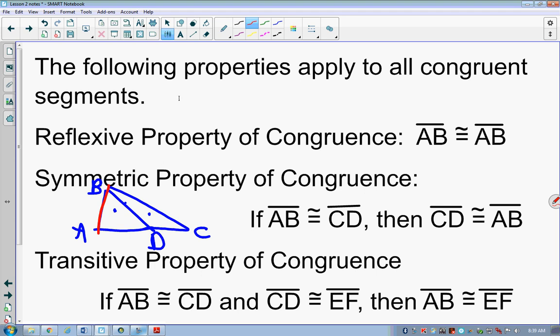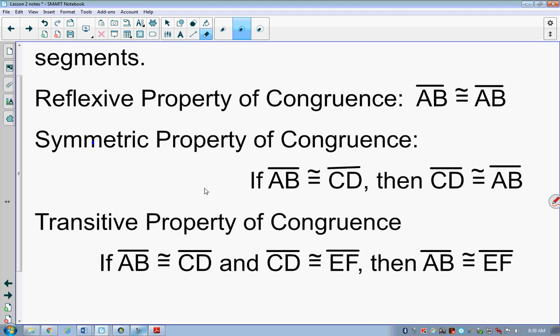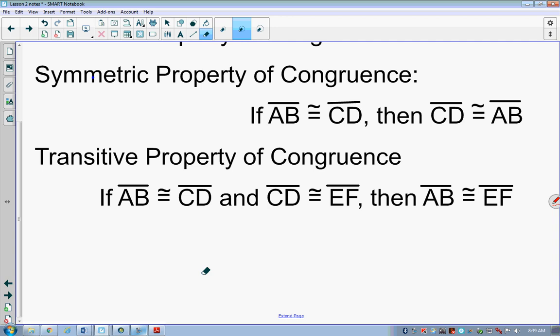Then we have transitive property. Transitive property of congruence states that if AB is equal to CD and CD is equal to EF, then AB is equal to EF. If I have, say, 3 lines, a blue line, a red line, and a green line, and I say that the blue line and the red line are equal to each other, they're congruent, they're the same length.